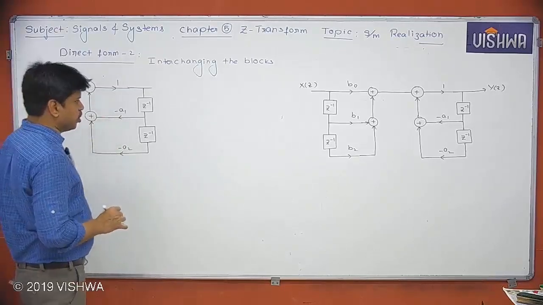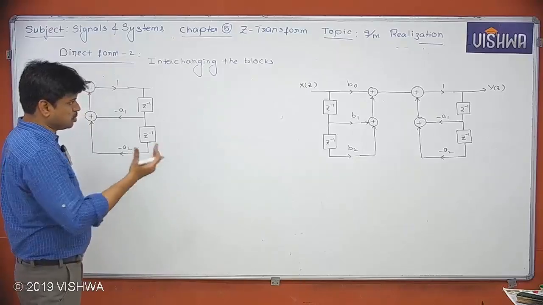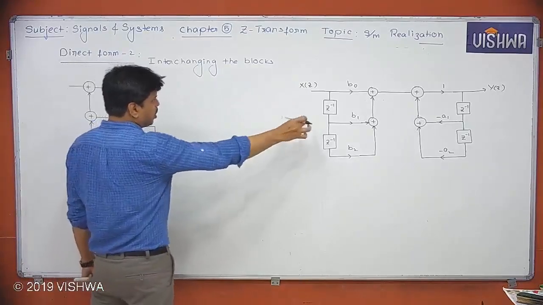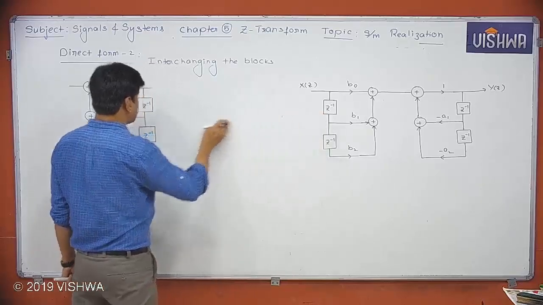This is the forward block, sorry, this is the feedback block. So first we have taken that. Next, I will take this block. To take this block, we already require Z inverse, so it is already there.